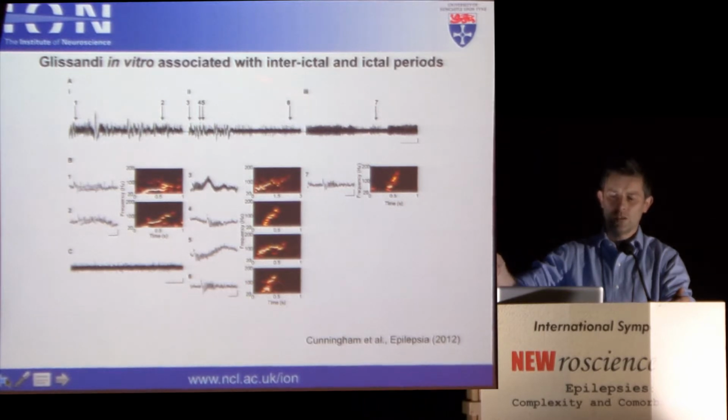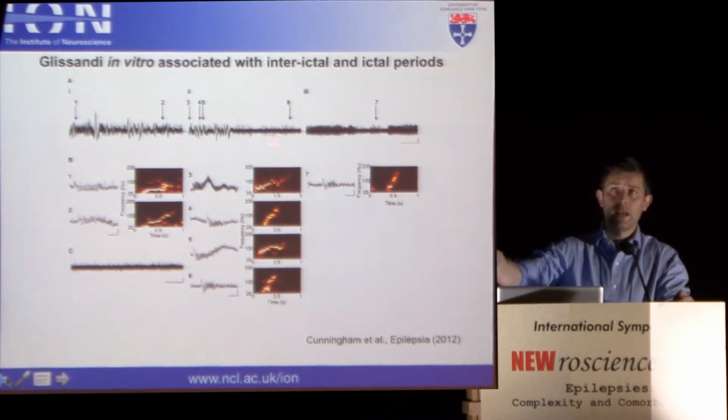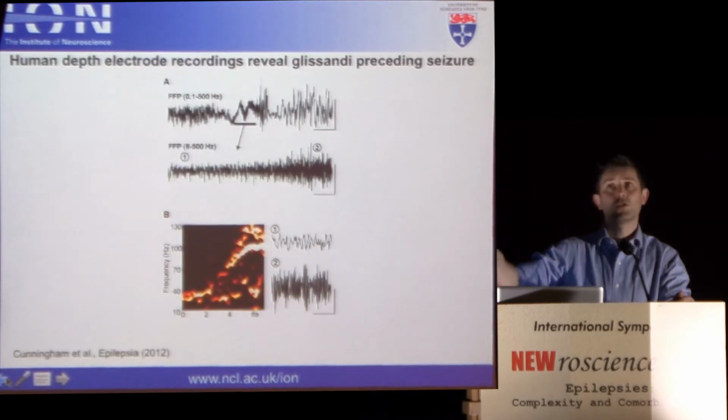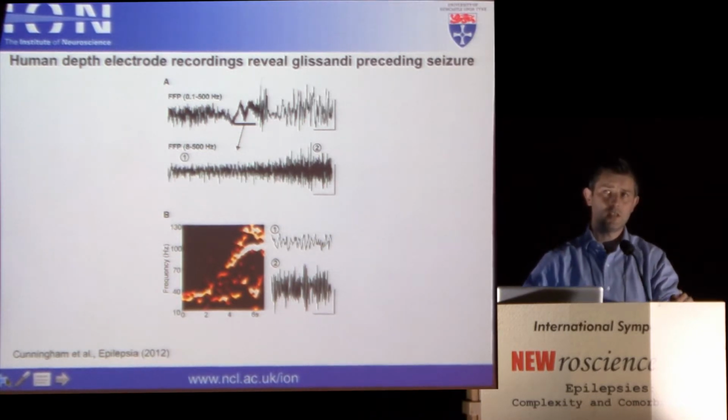And these are associated both with interictal and also with the ictal periods. And we've observed these not only at the level of the human epileptic brain slice, but also in human depth electrode recordings, where you can see that the glissandi precede the seizure. Now, I'm not going to go into these in any more detail.